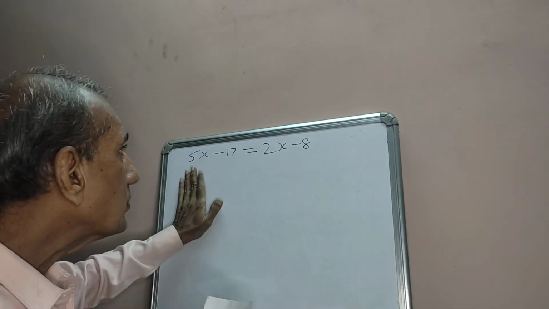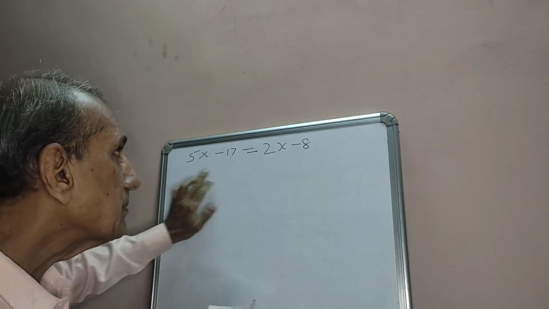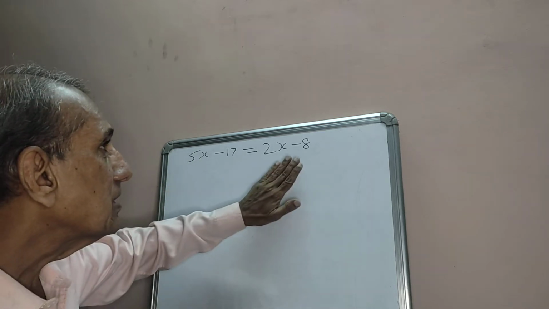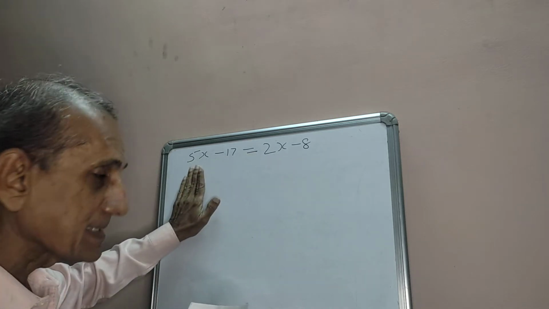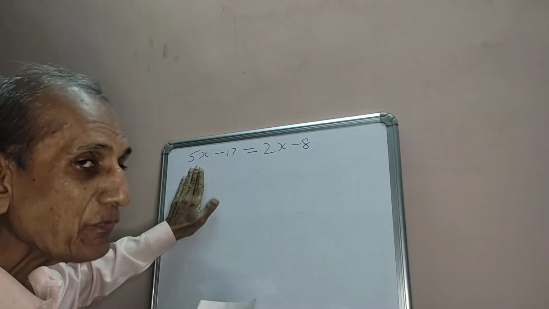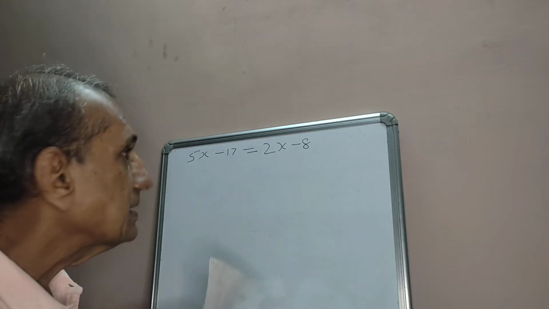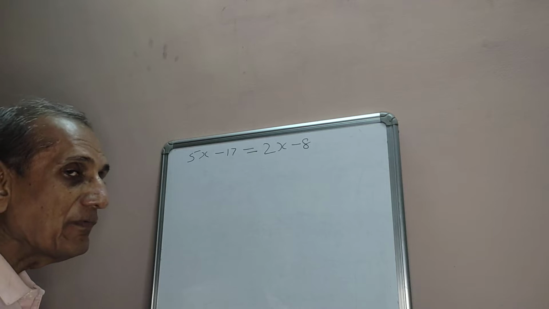Okay. So how do you solve this? Now this is called a linear equation. It's an equation because you have an equality sign, and in this equation we have only one variable, that is x, and we are supposed to find the value of x. How do we find it? Let us learn that.